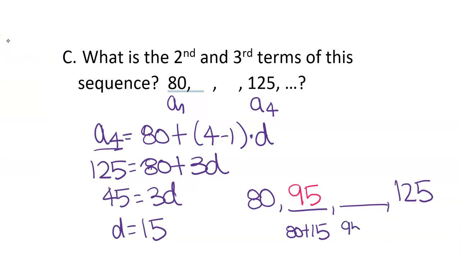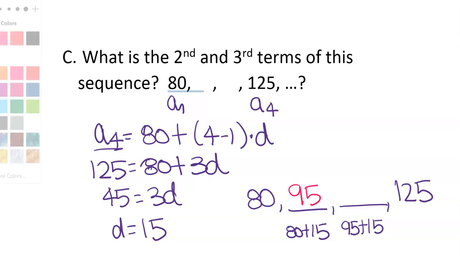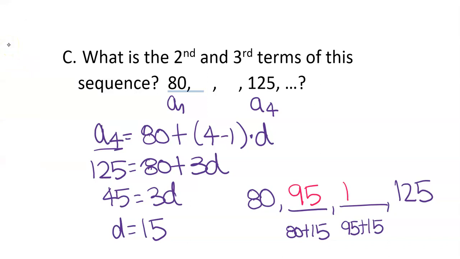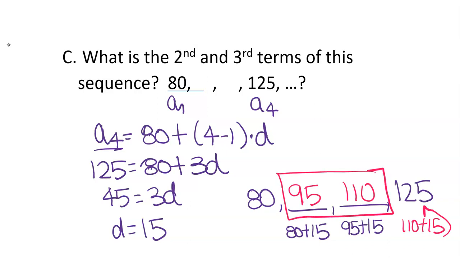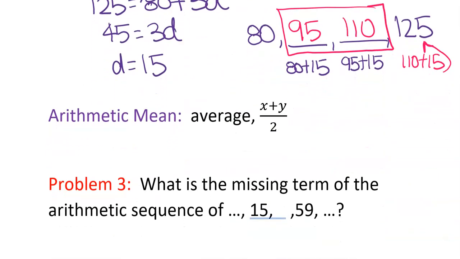And then 95 plus 15 would give you 110. And then 110 plus 15 should give you this one, which it does. Okay, so that's how you find missing terms within a sequence.